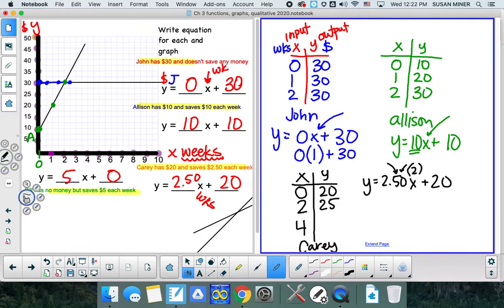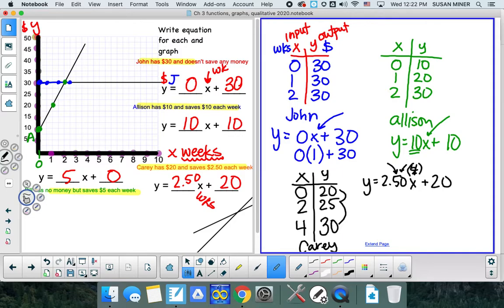And if my input is a 4 over here, right, then I am going to end up with $10 plus the $20, so that'll be 30. Okay, and that should kind of make sense, right? I'm increasing over here by $5 every 2 weeks that goes by.